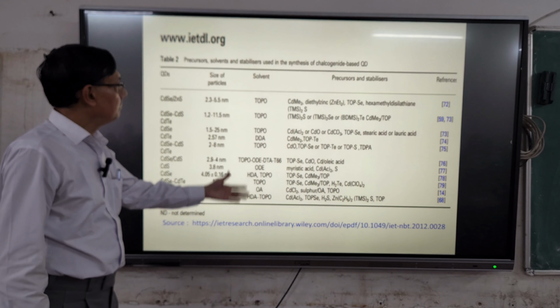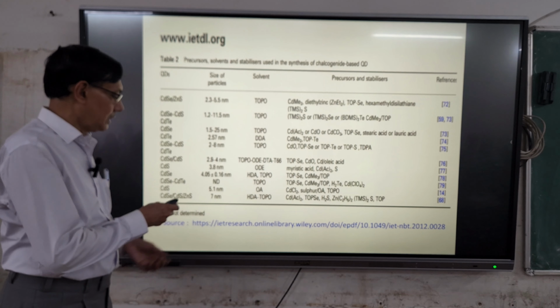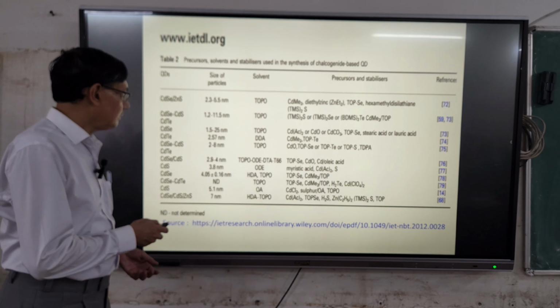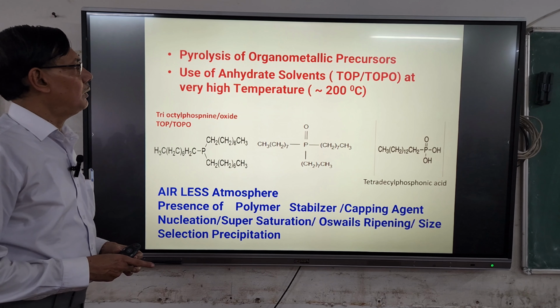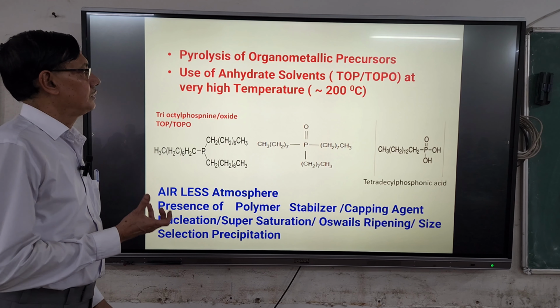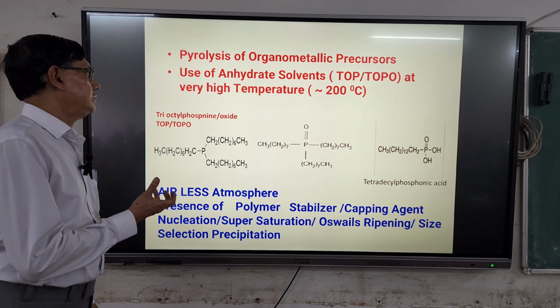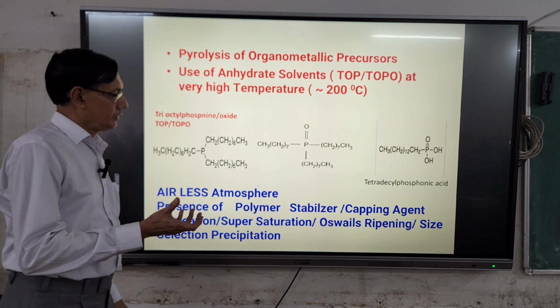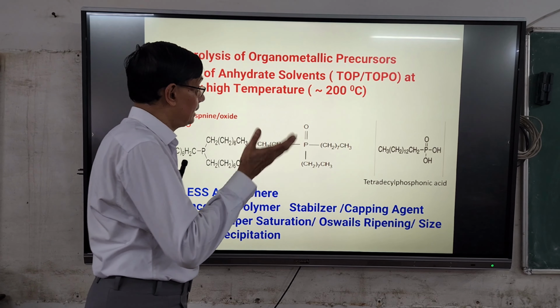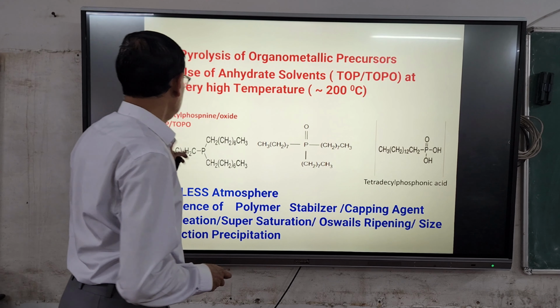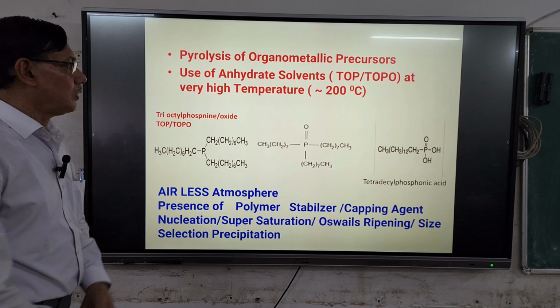So these are some solvents which are common for any type of semiconductor nanoparticle. Another point is that here the temperature needs to be very high, high meaning 200 degrees centigrade. But when you prepare gallium nitride, the temperature will be more than 900. And these three solvents are commonly used.